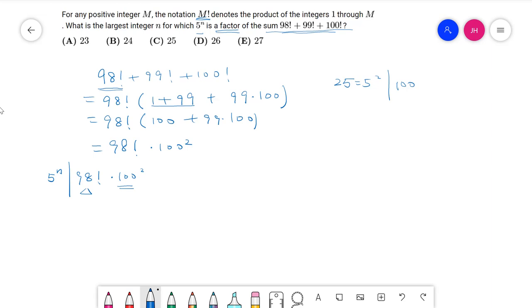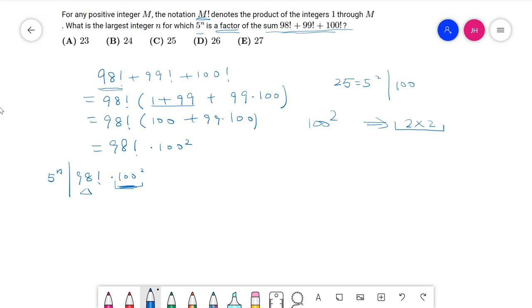No, 5 cubed is 125. Therefore, we'll get 2 exponent for the 5 from each 100. So we have 2 hundreds, right? It's because it's 100 squared. Therefore, this one contributes 2 times 2 exponents for the power of 5. So we have so much from the second term, 100 squared.